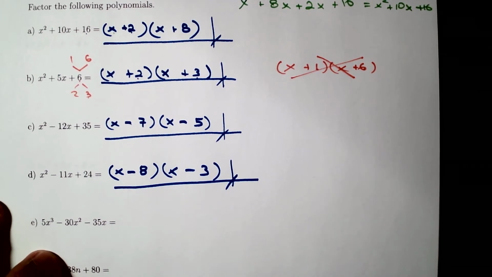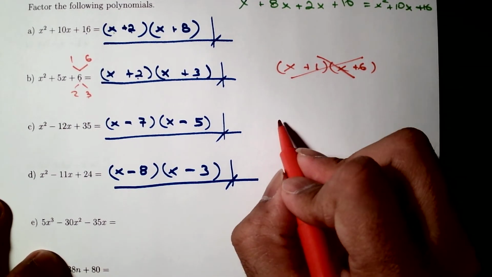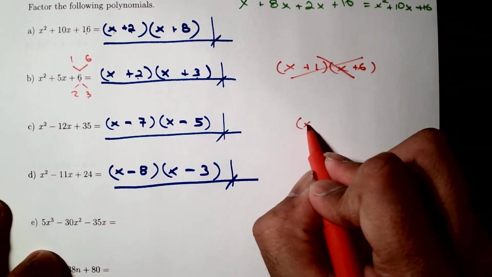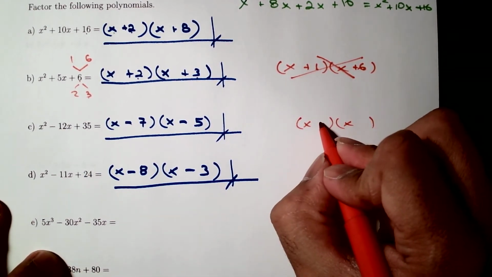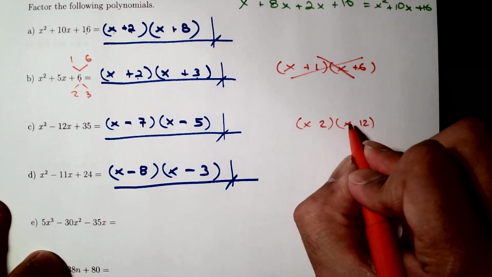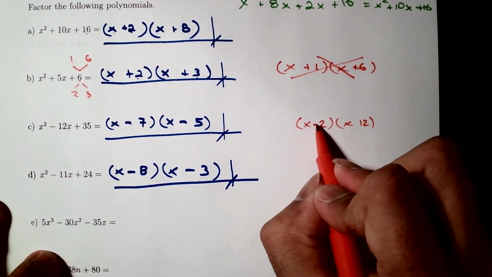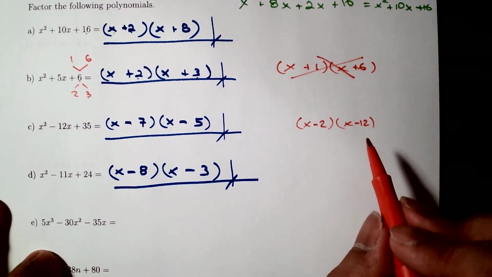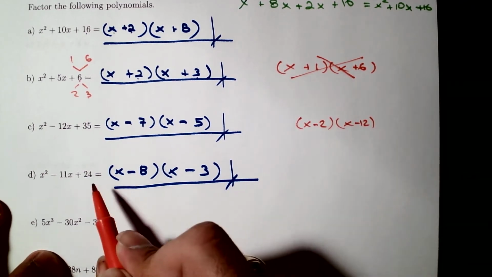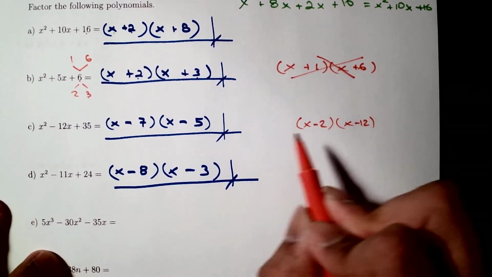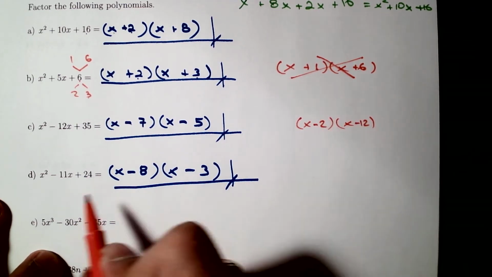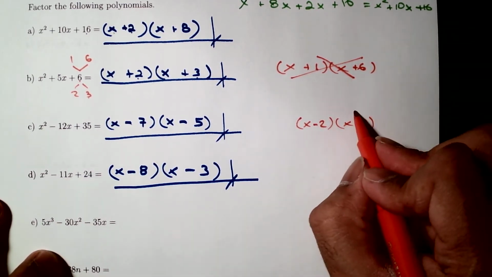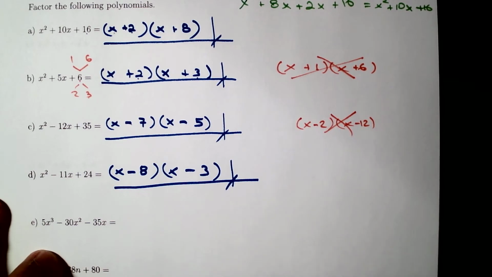For example, 24 is the same as 2 times 12. Negative and negative, let's suppose that. So negative 2 times negative 12 indeed is 24. However, negative 2 minus 12 is negative 14, not negative 11. So I cannot go with that choice.